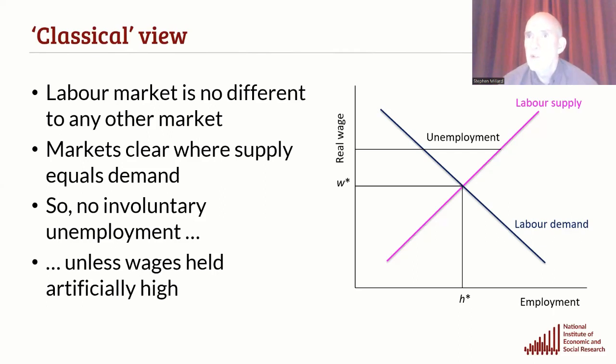You could have nobody actually unemployed, but everybody working shorter hours than they want to. Or you could have lots of people unemployed, and those people who are working are working the hours they want to. So really, this isn't a model of unemployment as such. This is a model of the supply of hours worked, if you like.